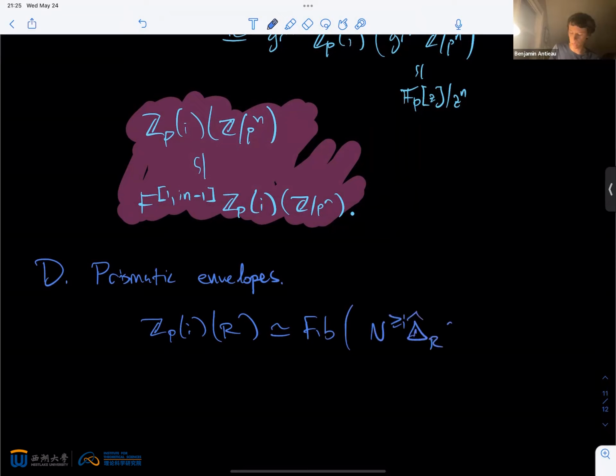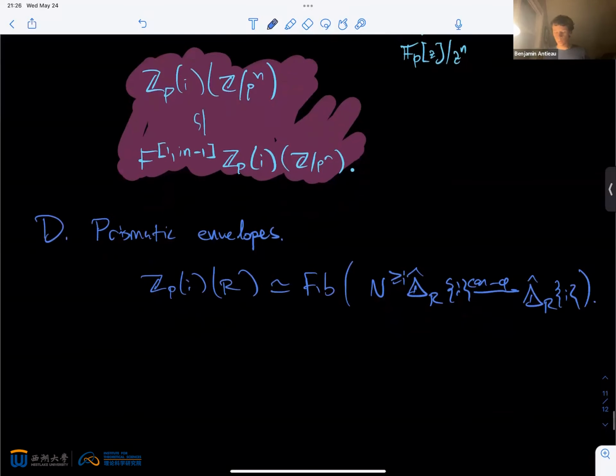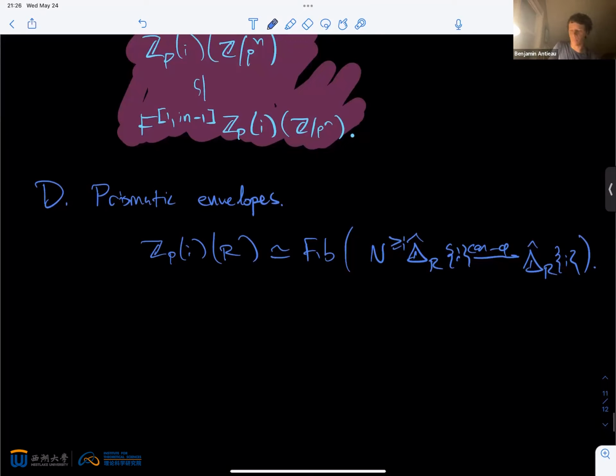I'm just repeating myself, but it's okay. So it turns out that this all passes to the filtration. So I can write down F^1 through i n minus 1 here, and F^1 through i n minus 1 here, and now you start to get a headache because there are two filtrations in the picture.